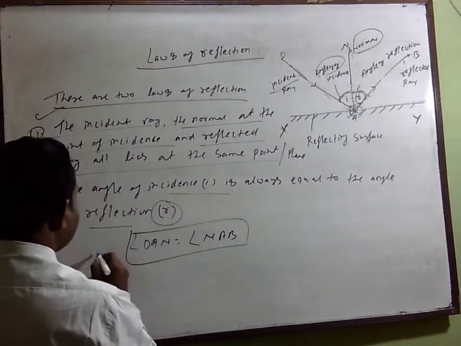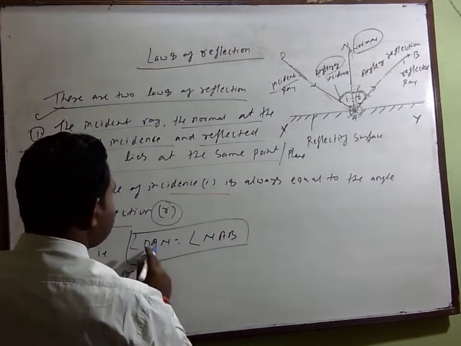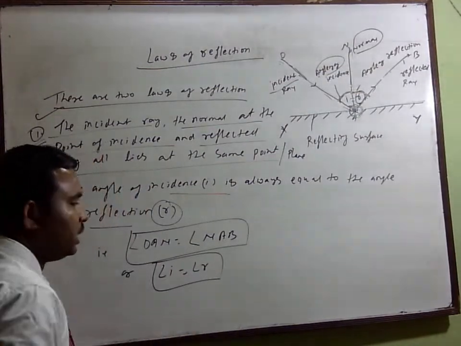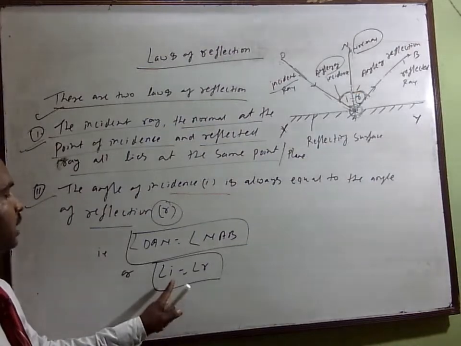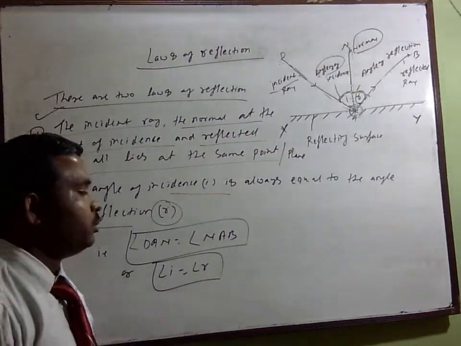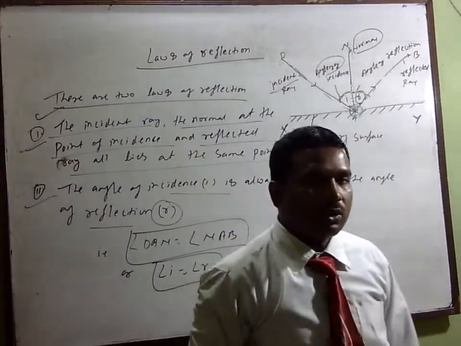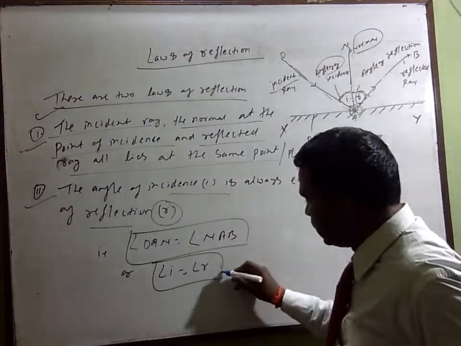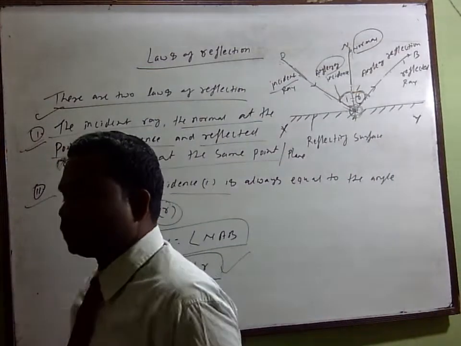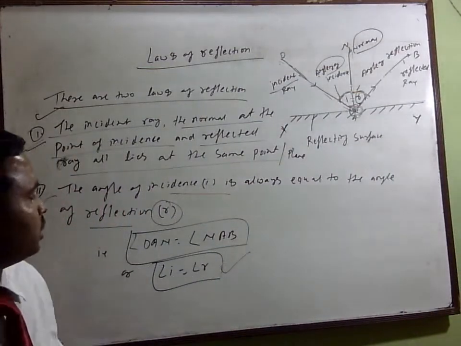Or you can write angle I equals angle R, which means angle of incidence equals angle of reflection. When you are in class 12, you will prove I equals R with the help of Huygens' principle. I think that is in that chapter.